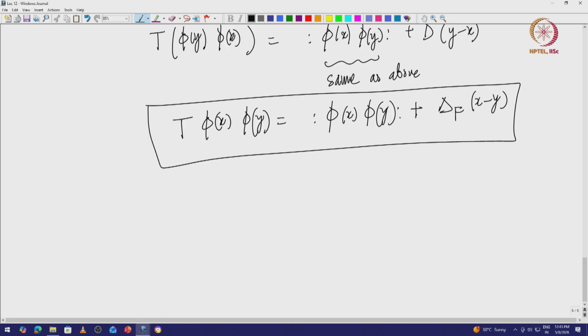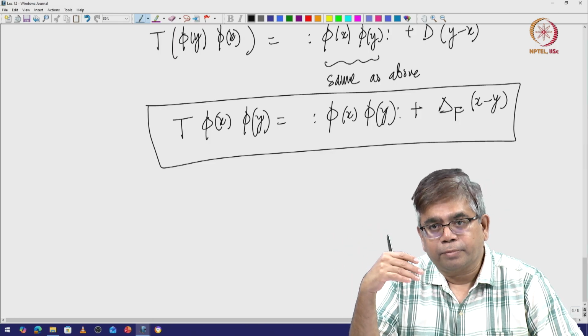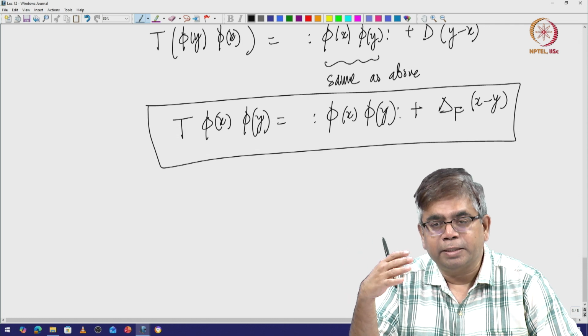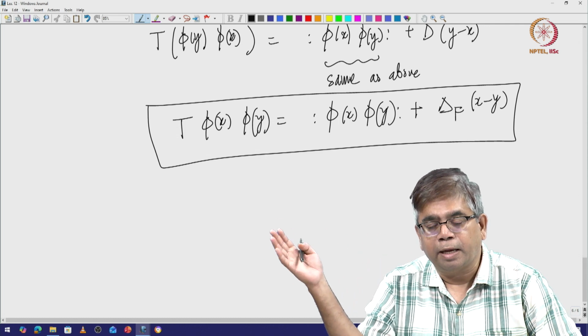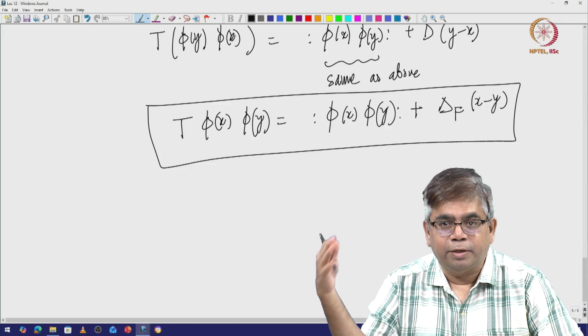Let me just put you back into the picture: we want to see the time evolution of a state in the interaction picture, and we did the time evolution in terms of a unitary operator which is dependent only on H_I, the interaction Hamiltonian. Then we showed that this expansion can be written in terms of a time ordered product in H_I, so that you don't violate causality and so on.